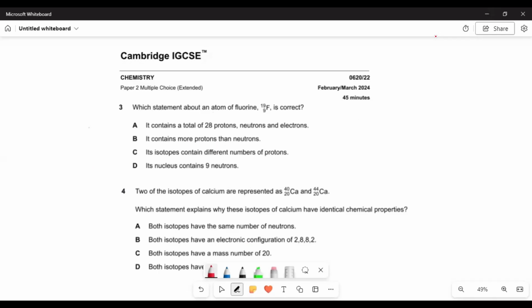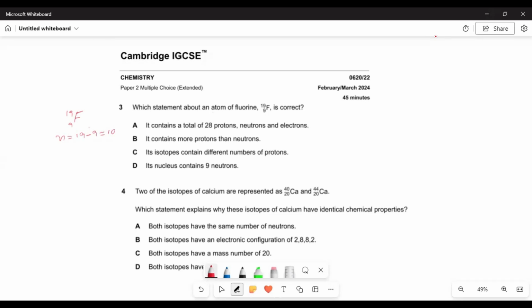This is question number 3. Which statement about an atom of fluorine is correct? Let's first see. We know that this 19 is the mass number and 9 is the proton number. So we can calculate the number of neutrons by subtracting the proton number from the mass number, and we find it is 10.